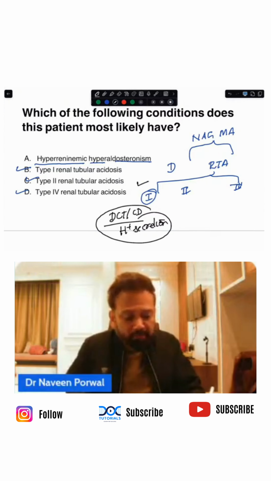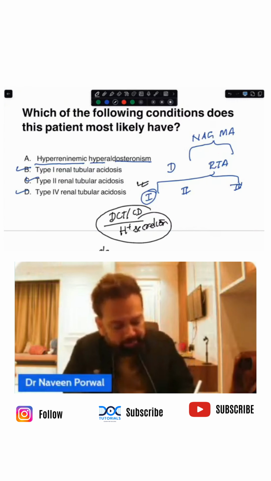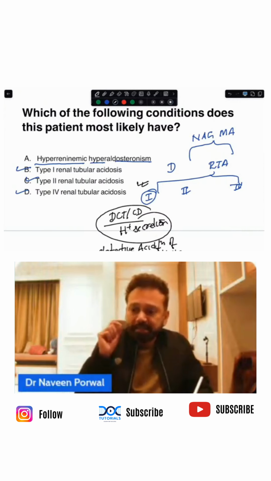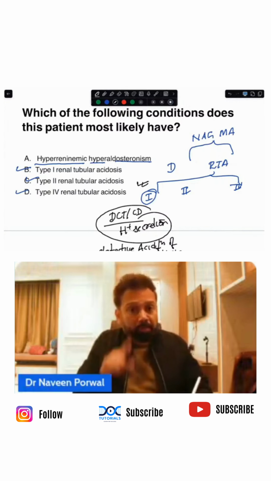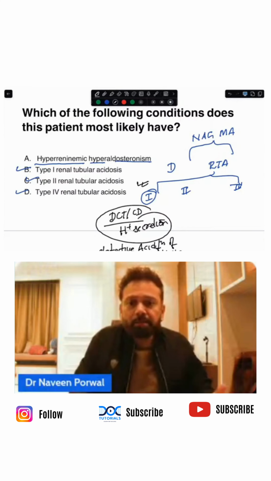So in RTA1, the problem is defective acidification of urine. Which normally happens where? In the collecting duct. Very simple.